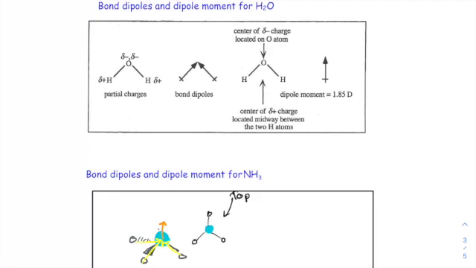That would cancel out. But because the three hydrogens are below the plane and the nitrogen would be above the plane, we have a net dipole out towards us. And so it has a dipole of 1.47 debyes.